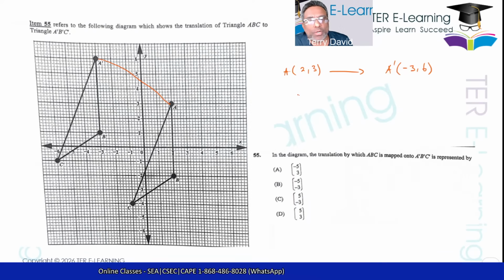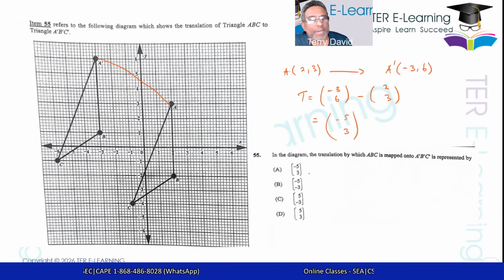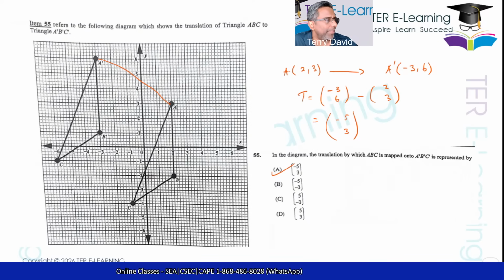So if you want to work out the translation vector, all we need to do is say A prime minus A. So that's minus 3, 6, and you're going to minus 2, 3. So minus 3 minus 2 will give us minus 5. And 6 minus 3 will give us 3. So we're looking for minus 5, 3, which is E. Right, so that's 55.